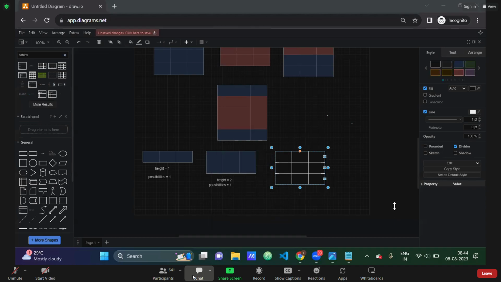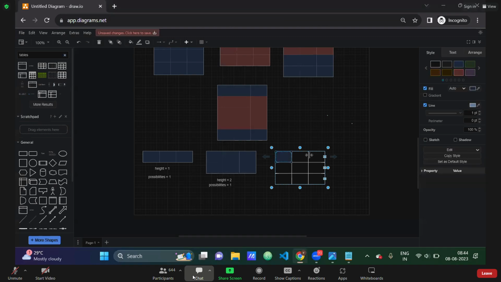All horizontal is one case, and all vertical is one case.